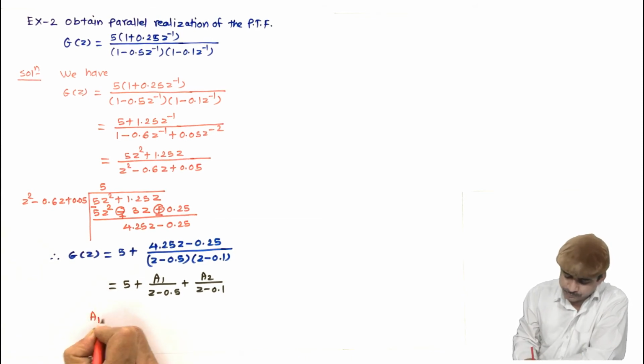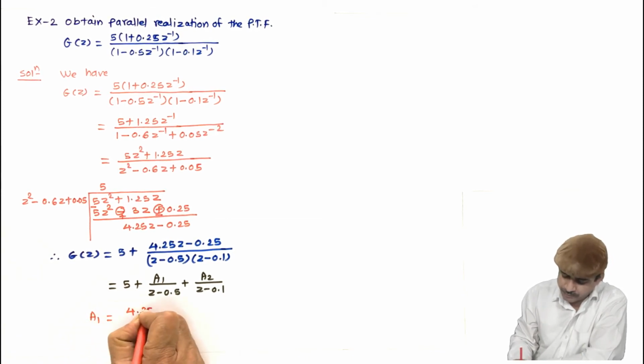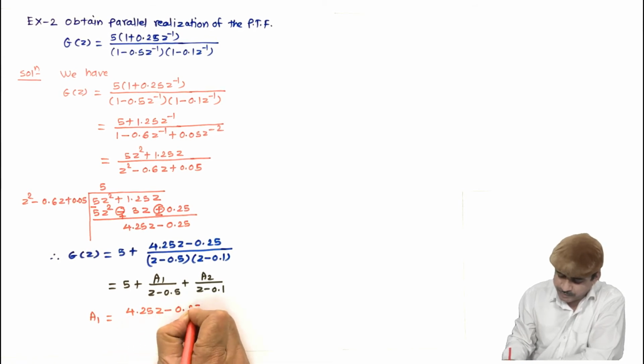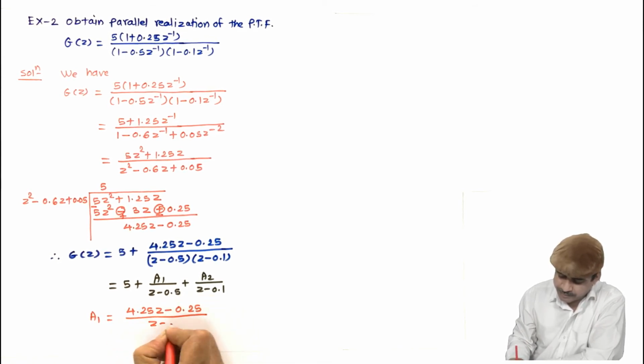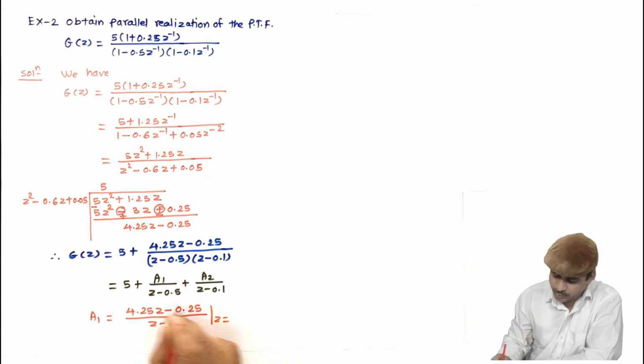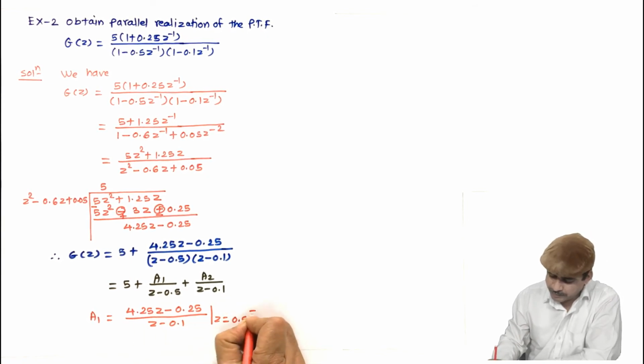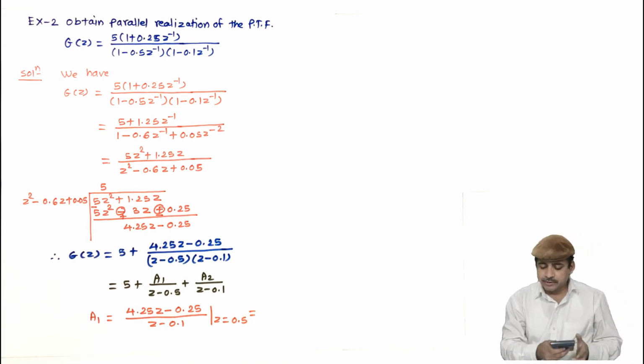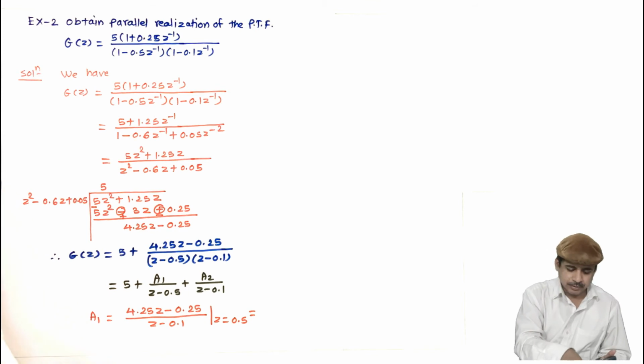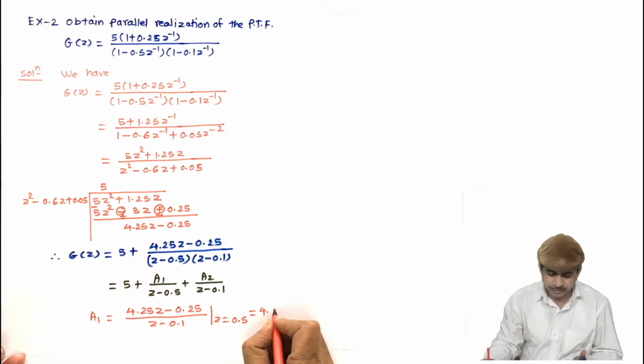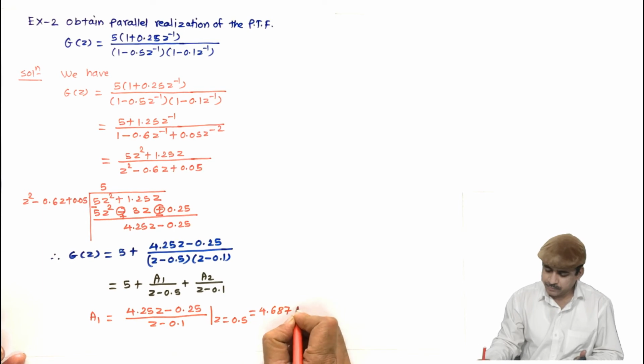where a1 is equal to 4.25z minus 0.25 divided by z minus 0.1 with z equal to 0.5. And this is equal to, I have to calculate here, 4.25 into 0.5 minus 0.25 divided by 0.4, and it's 4.6875.